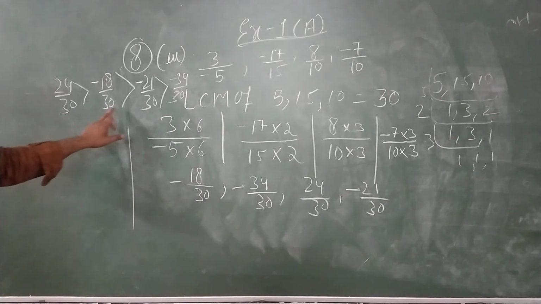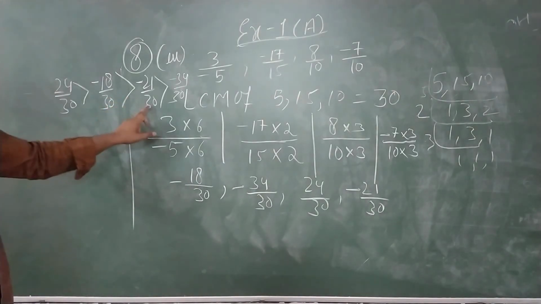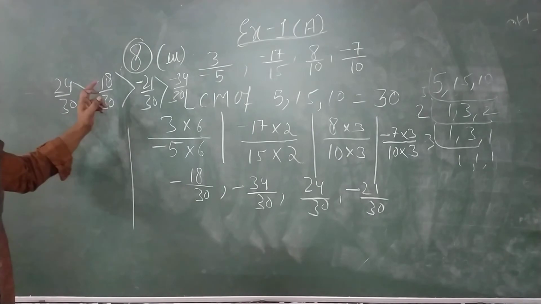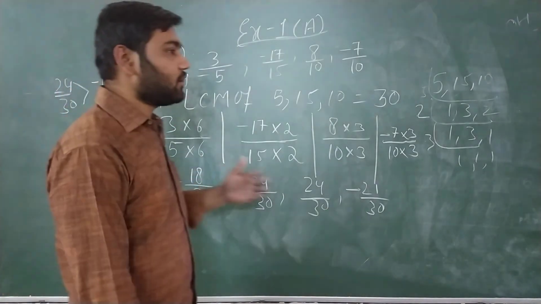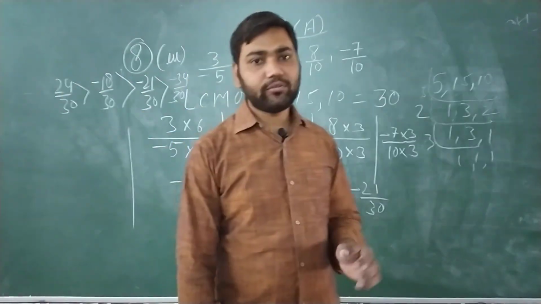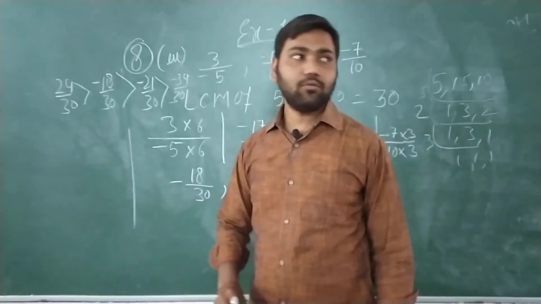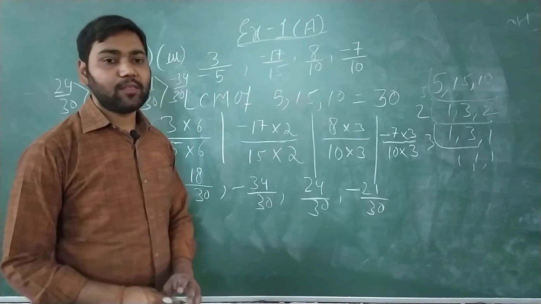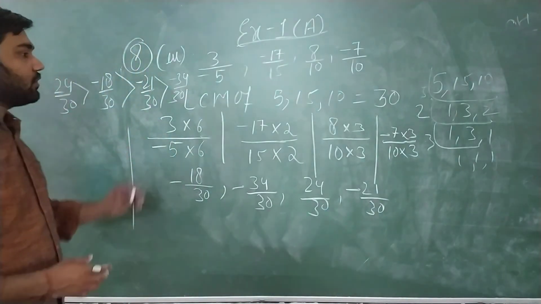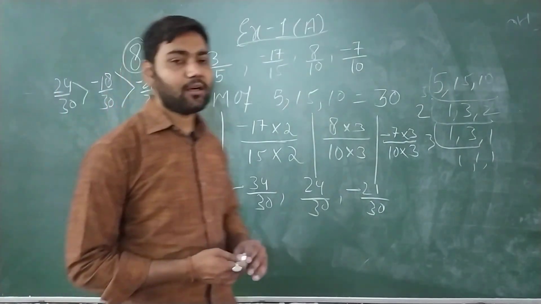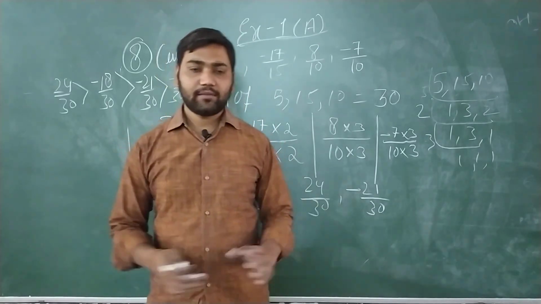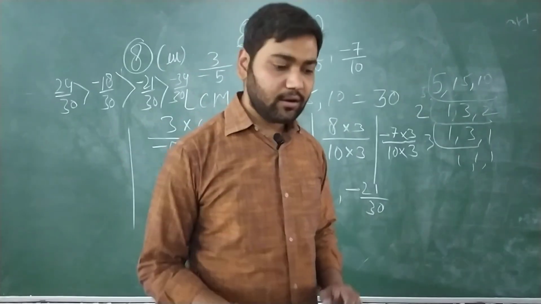We have taken minus 18 upon 30 before these because minus 18 is greater, as it is closer to 0 as compared to the other fractions. So this is the way of arranging fractions in ascending or descending order.